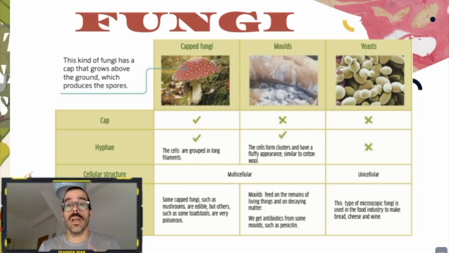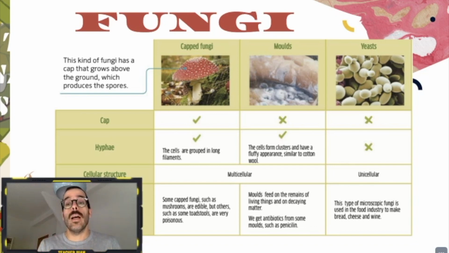And we use yeasts to do lots of things. We use them when we bake a cake, or when we make cheese like Roquefort or Cabrales, that are this type of blue cheese. They are blue because these yeasts are working on it, okay.